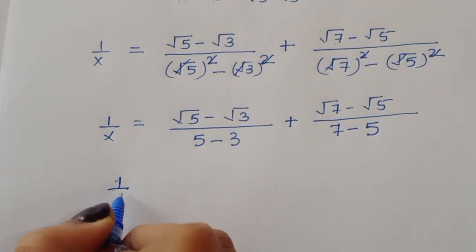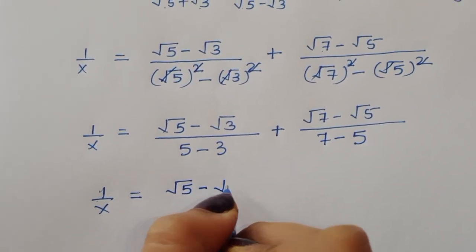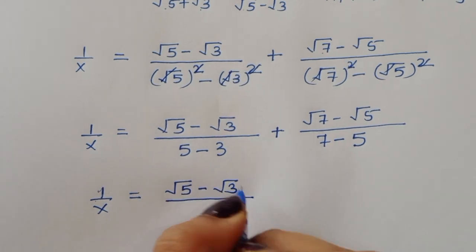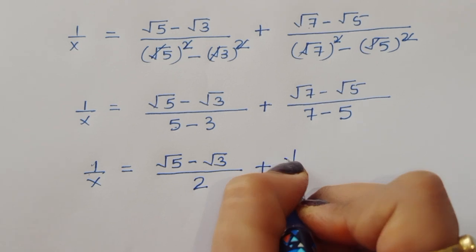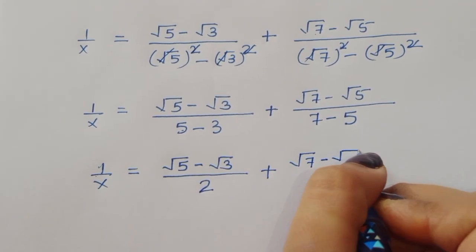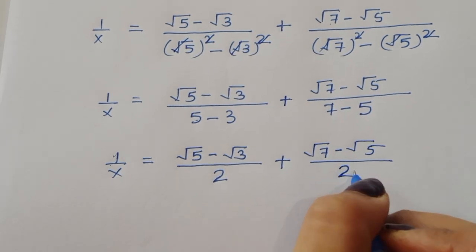Now 1 upon x is equal to square root of 5 minus square root of 3 divided by 5 minus 3, that is 2, plus square root of 7 minus square root of 5 divided by 7 minus 5, that is 2.